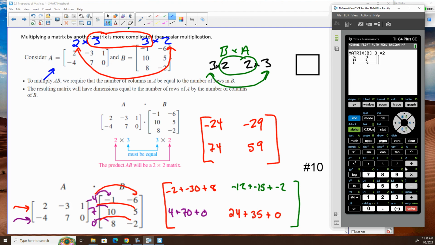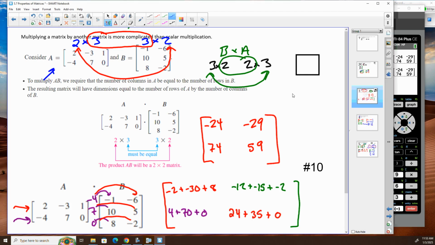Matrix B was a 3 by 2 matrix, so I typed in 3 by 2 here and then typed in the matrix that I had. And then I go second matrix, I grab matrix A, which was number 1, times second matrix. Then I grab matrix B and then times them together, and then I got the answer that we got here.